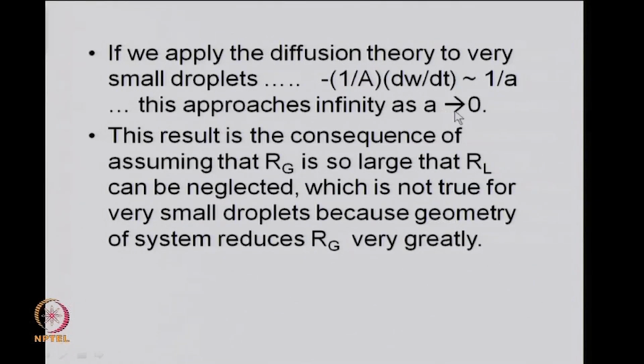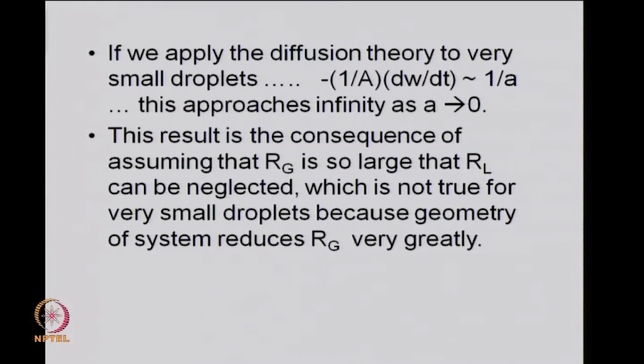So, at some stage RL, the liquid phase resistance, will have to come into picture. Otherwise, we have to deal with that kind of result, right? Minus 1 by A dW by dt becoming infinity. So, the way to do that is bring back our idea that we have these resistances in series.